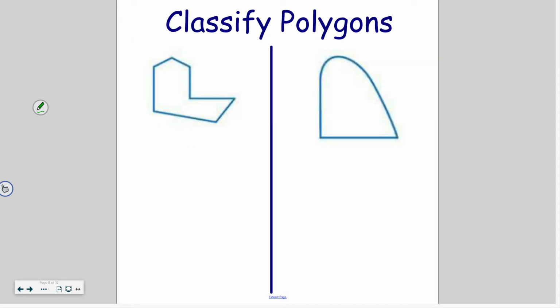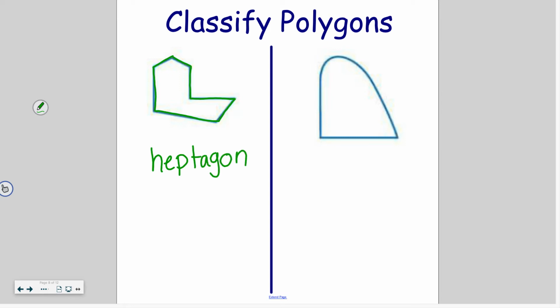So when you're classifying polygons, first you want to make sure it's simple, so nothing's crossed over each other, which is good. Closed, there's no gaps, which is good. And then not curved. That's good. So now we're going to go ahead and count the number of sides. 1, 2, 3, 4, 5, 6, 7. Since we have 7 sides here, we have a heptagon.